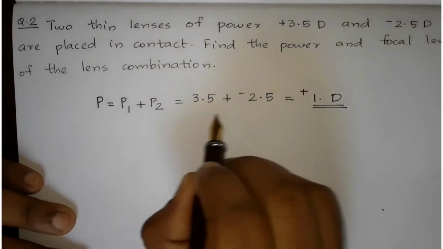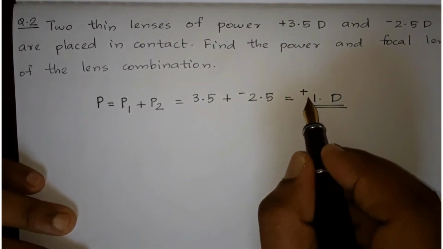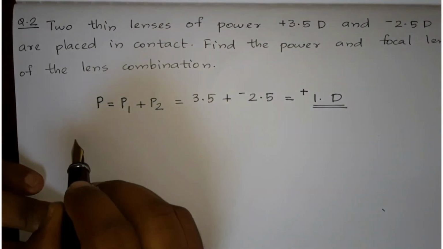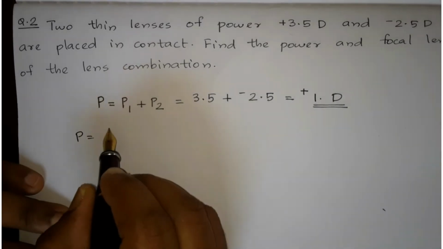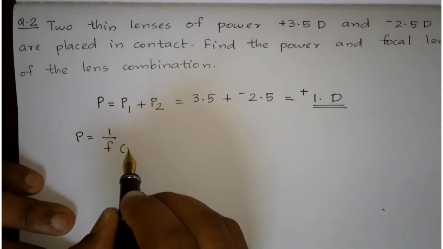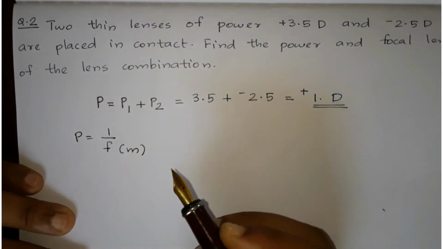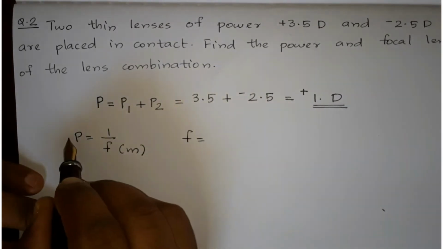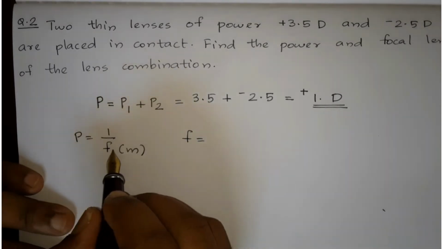So positive 1. Now what we have to find is the focal length of the lens. We learned P is equal to 1 by F, and F is in meters, right? So what is F? I am taking this F to the other side of the equal to symbol and P here.